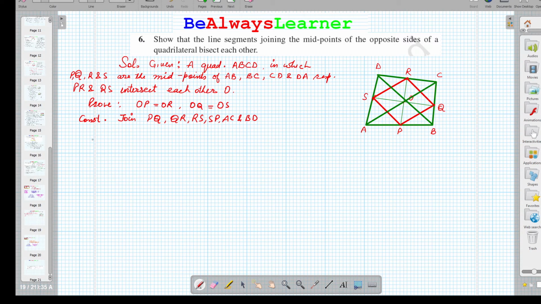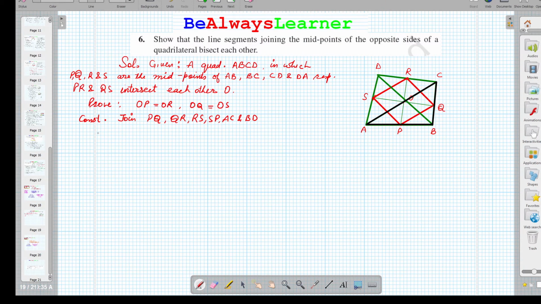नाउ द प्रूफ स्टार्ट्स फ्रॉम द ट्राइंगल ABC. So this black triangle is here.